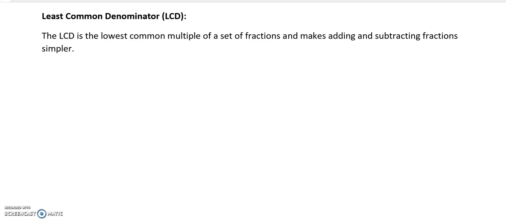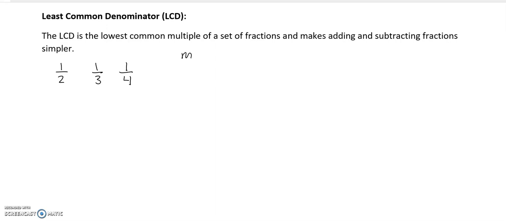If my fractions are 1/2, 1/3, and 1/4, I can't add 1/2 to 1/3 without changing the denominator.